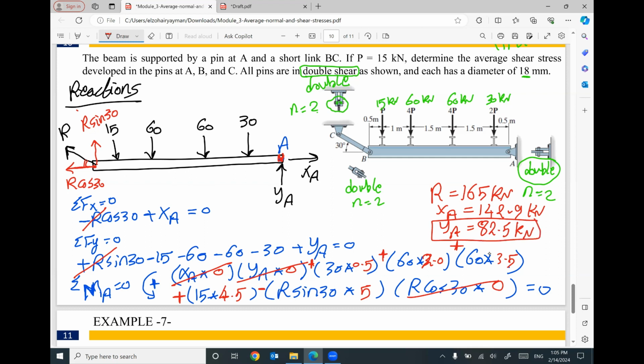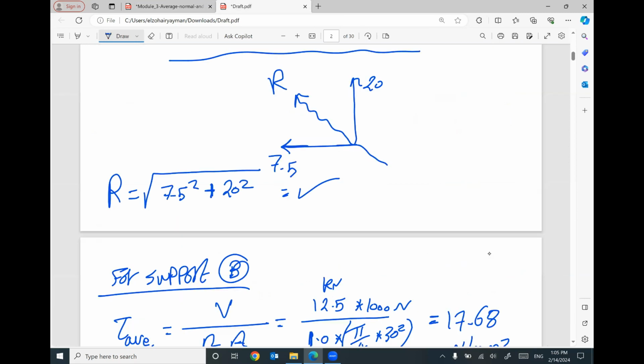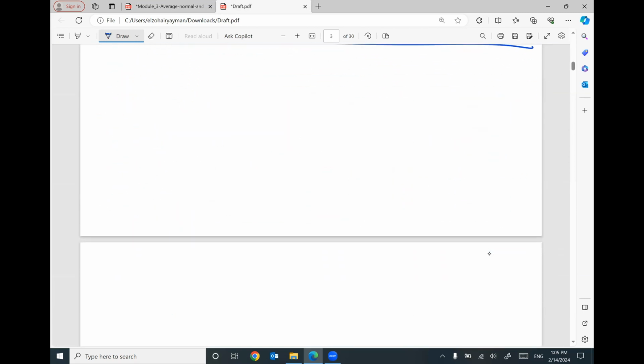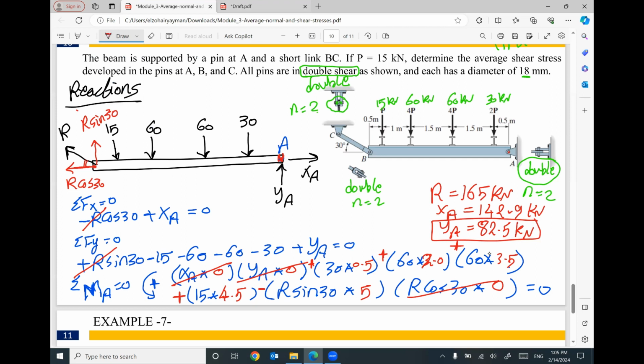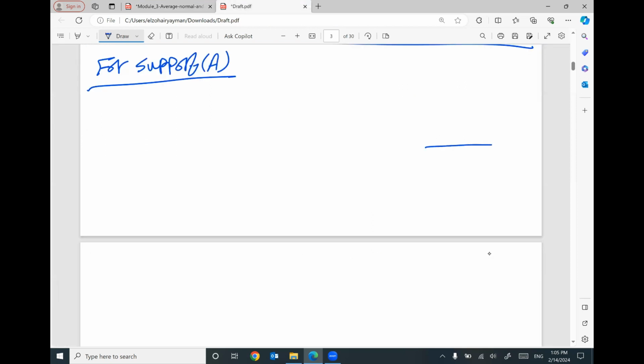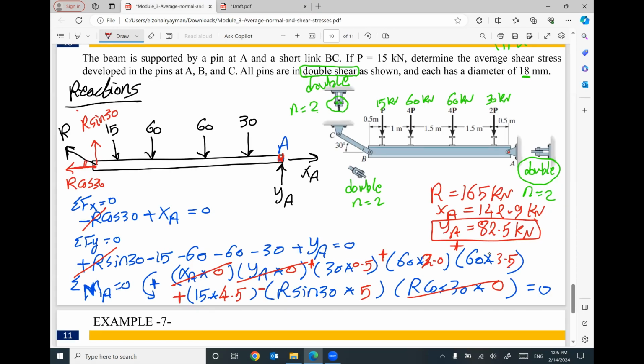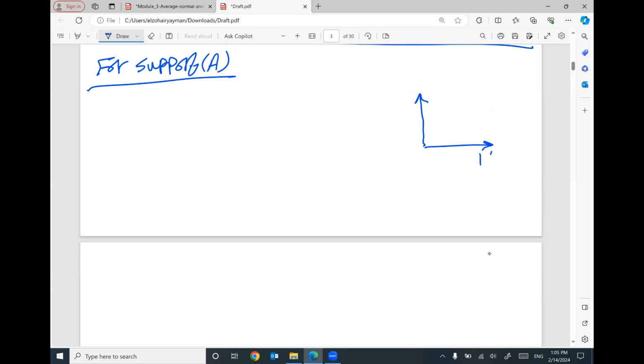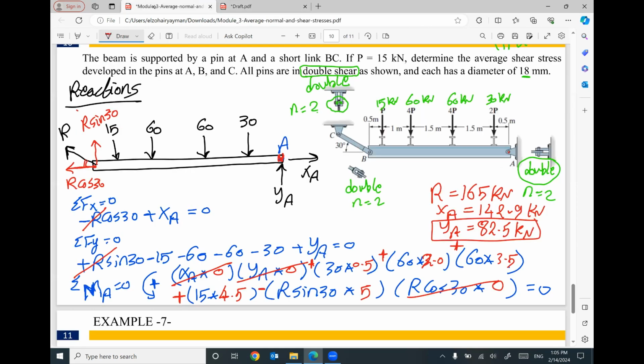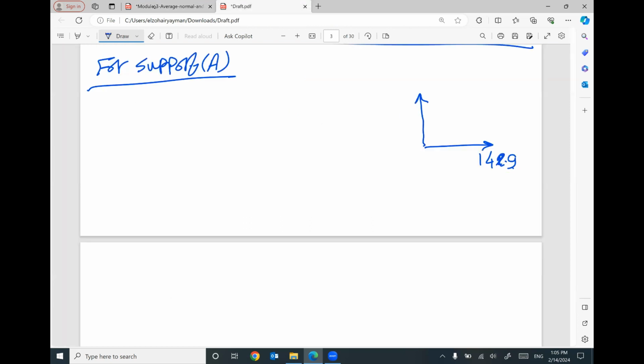So let's start with support A. At support A, we have two reactions, XA like this and YA like this. XA equals 142.9, and YA equals 82.5.